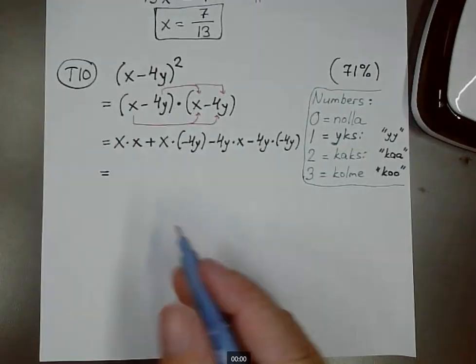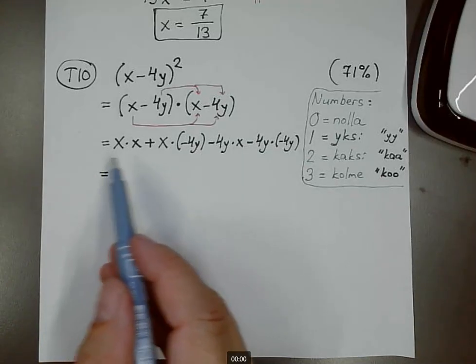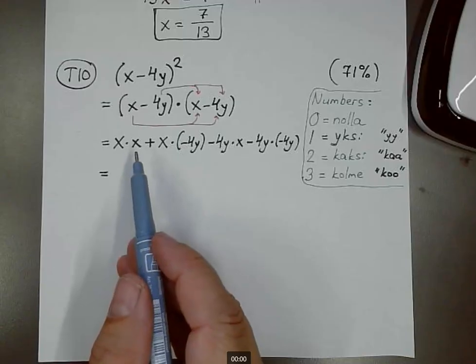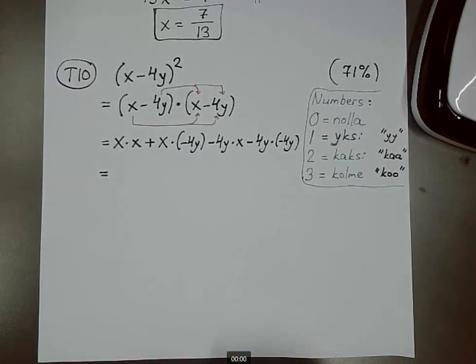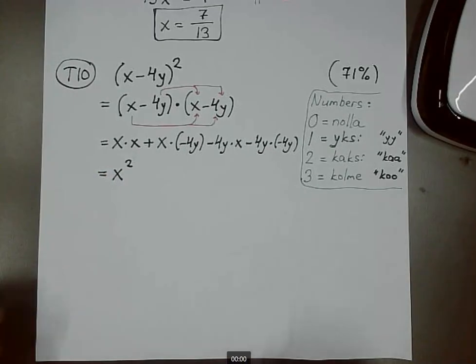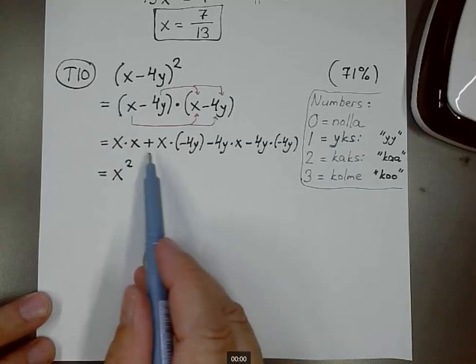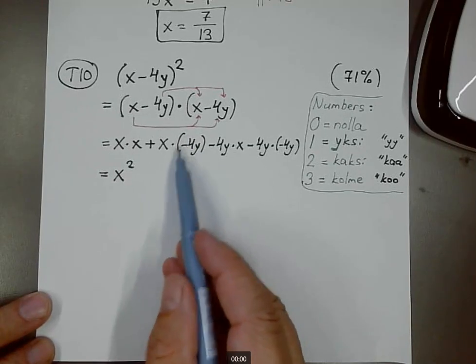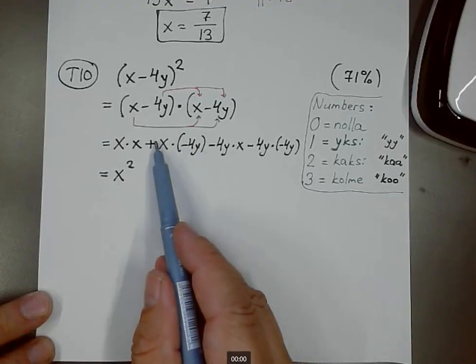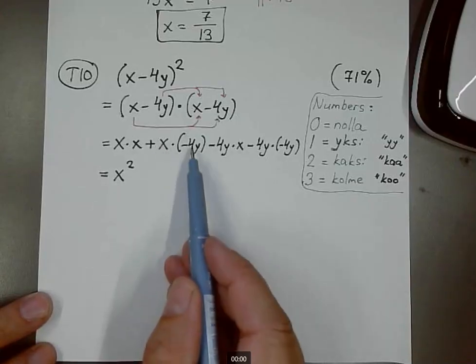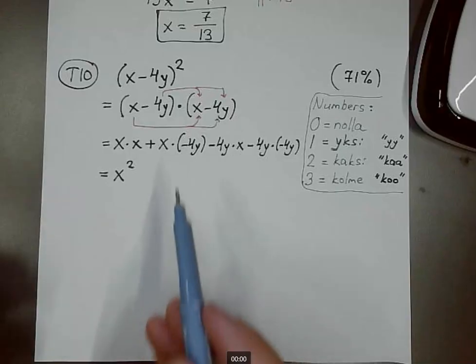So what do we have here? We have x times x, so we have a multiplication with two x's, and that will be the exponent, x to the power of 2. Then we have here x times minus 4y. We have this minus 4 there. We can move it to the first part of the multiplication. We may change the order.